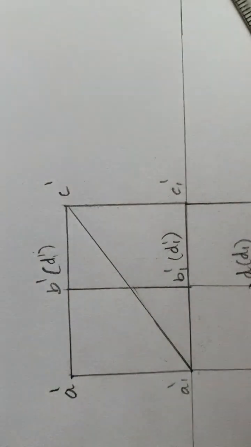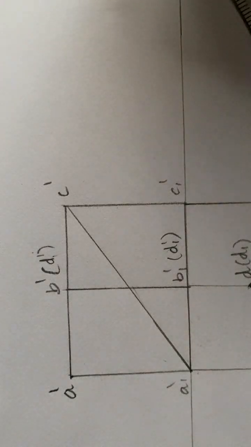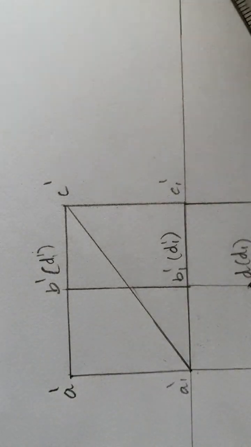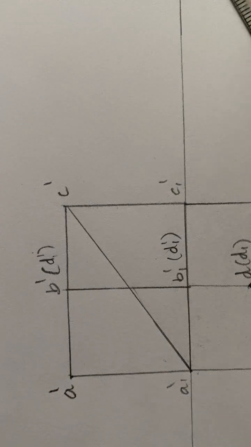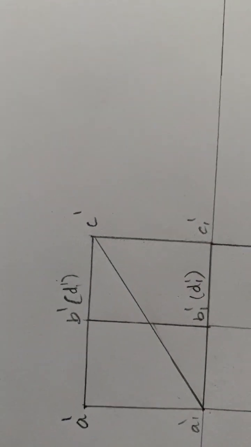The next thing we need to do: this diagonal is parallel to the horizontal plane, so remember this. For that we need to tilt this entire thing so that the diagonal is parallel to HP.